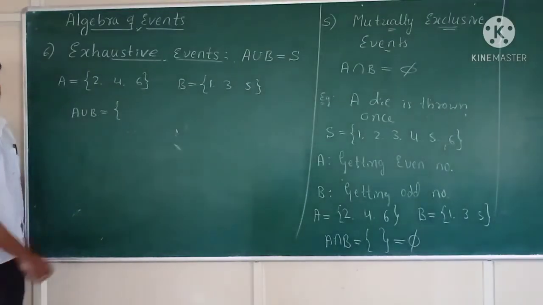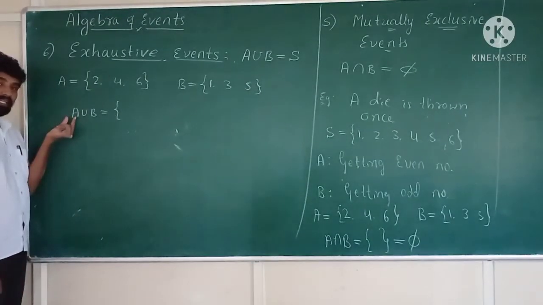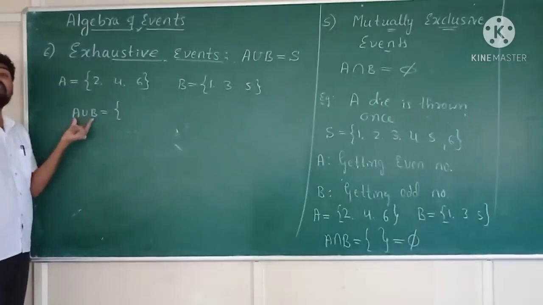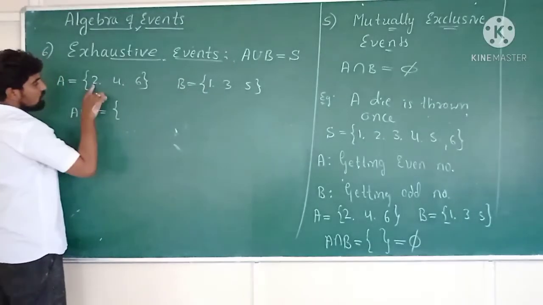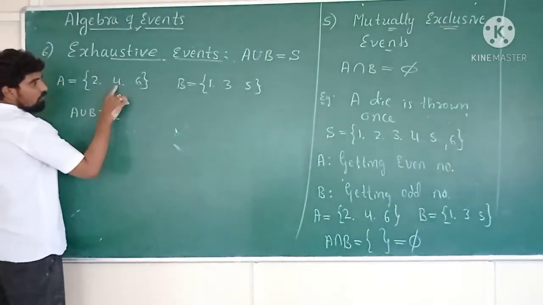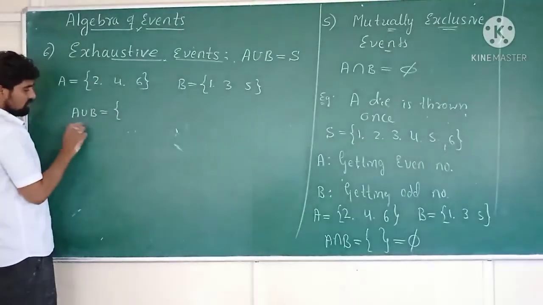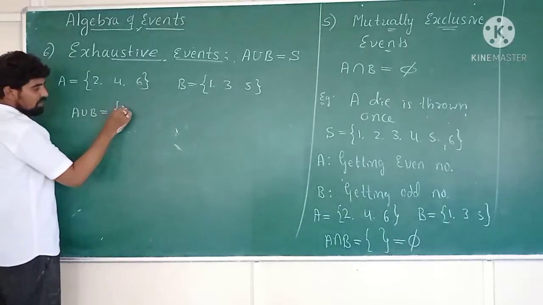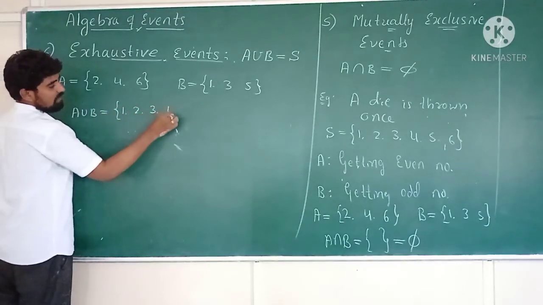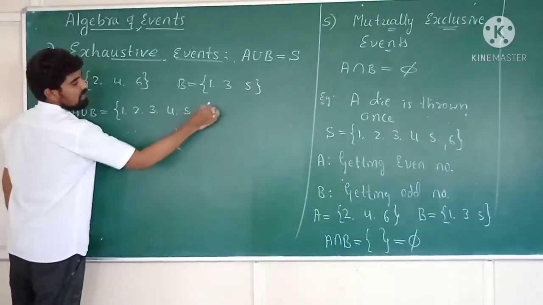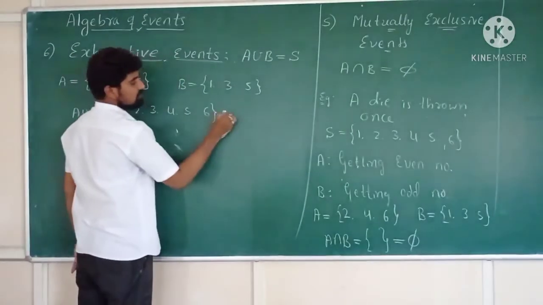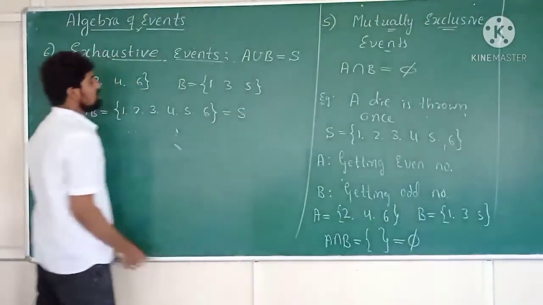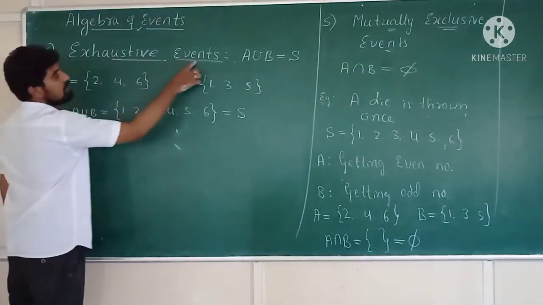A union B means elements present in A or B or both A and B. So that is nothing but 1, 2, 3, 4, 5 and 6. And this is equal to the sample space S. And hence these two events A and B are called exhaustive events. I hope all of you understood.